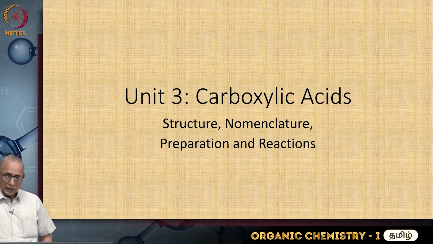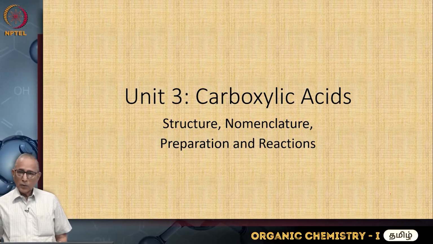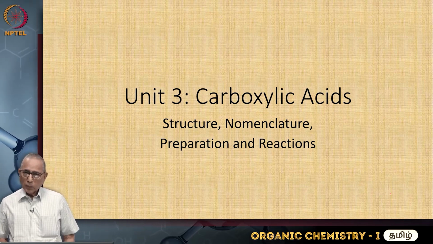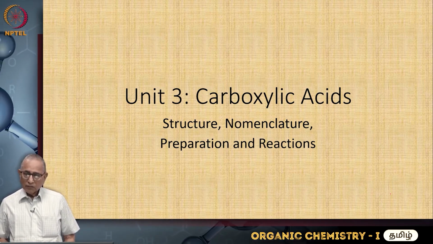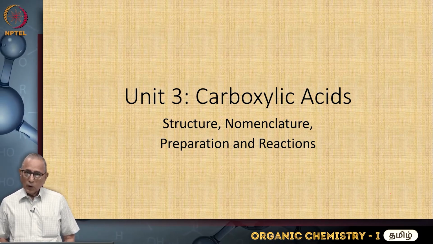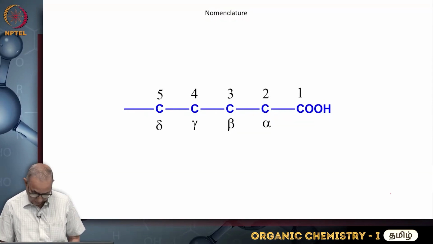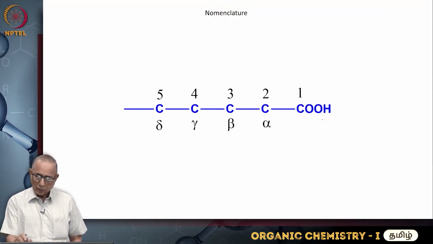Now the carboxylic acids are different from these compounds. Instead of having only an OH group or a CO group, the functional group has both CO and OH. This is the carboxylic acid group.